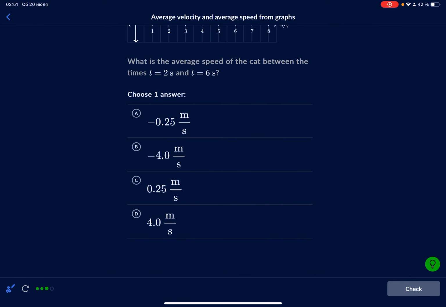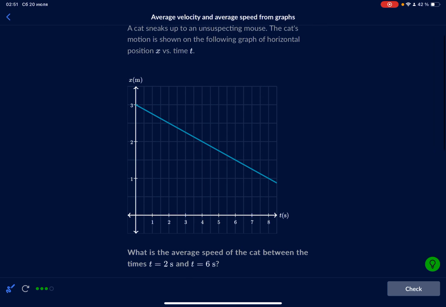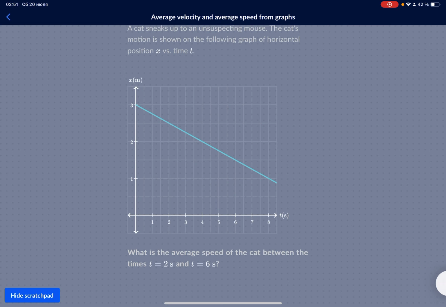Okay, that was the easiest question. Let's move on. What is the average speed of the cat between 2 and 6? So t equals 2 to 6, and the distance actually equals from 2.5 to 1.5.